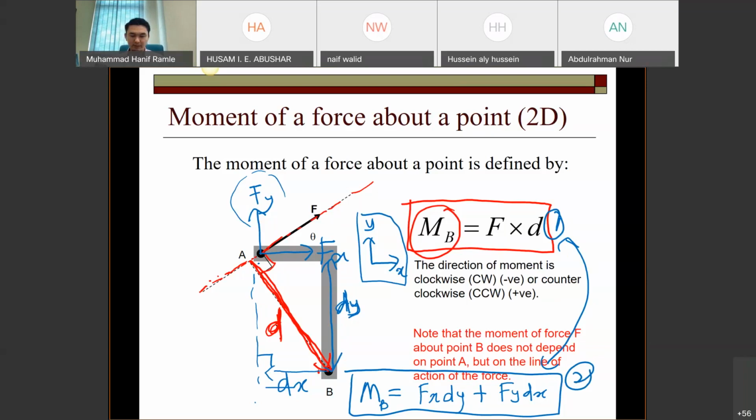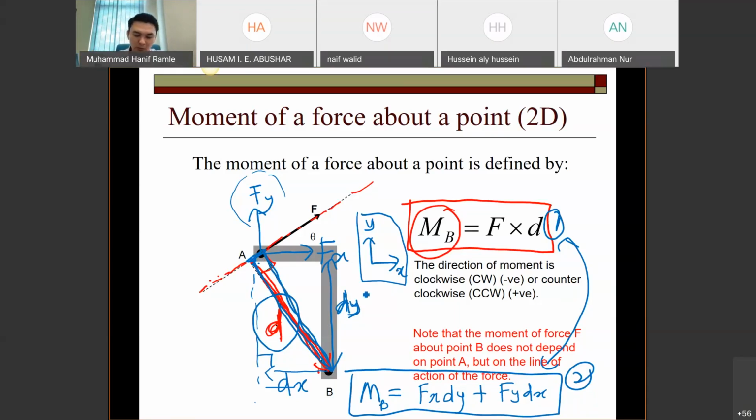Okay, great. So in many cases, you cannot use this D. It is difficult actually. You can use it, but some students cannot imagine the triangle, because you have to introduce another triangle like this to find D. If you are very expert in mathematics, in sine, cos, tangent, etc., you can use this triangle to find D. But to simplify the solution, we use Varignon's theorem.